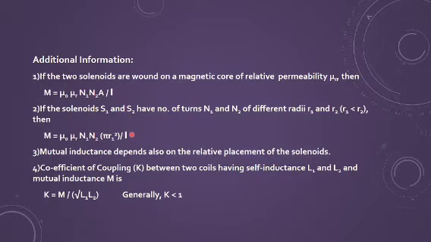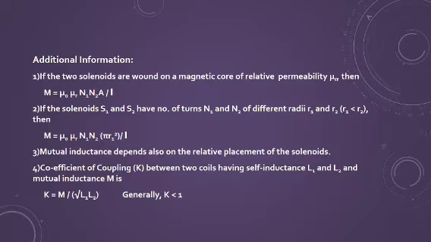Of course, as we are saying, it is dependent upon the relative placement of the coils. Then you can define the coefficient of coupling also. The coefficient of coupling K is equal to M divided by square root of L1 L2, where L1 and L2 are the self-inductances of the two coils.